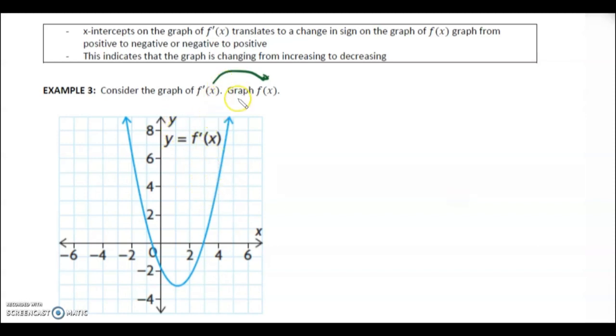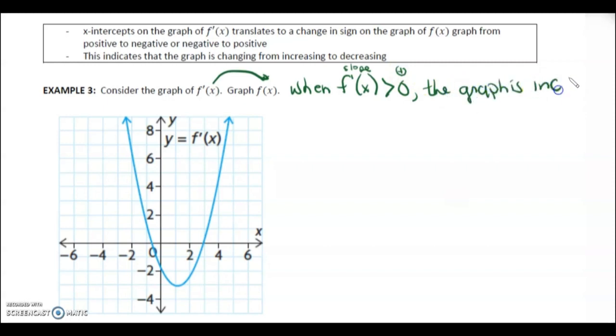Okay, so as a note, to expand from here, when f prime at x, aka the slope, is greater than 0, from the two questions that we just did, in other words a positive number, the graph is increasing or rising.